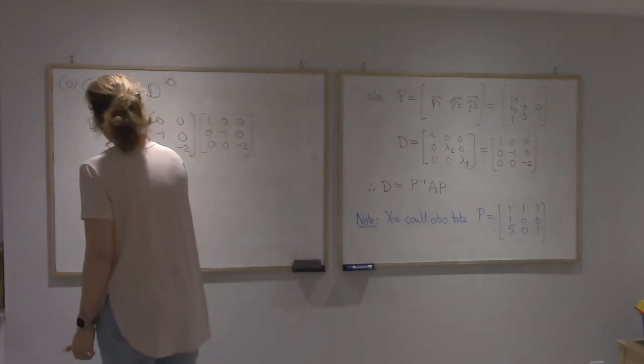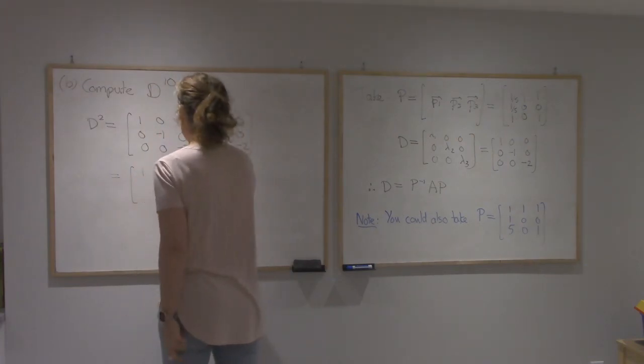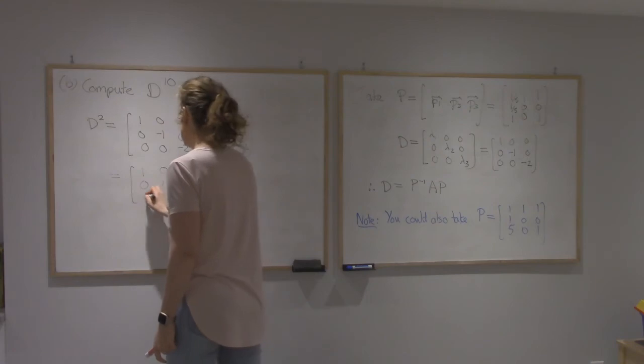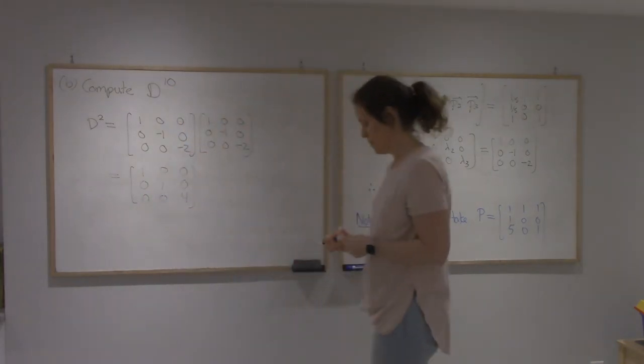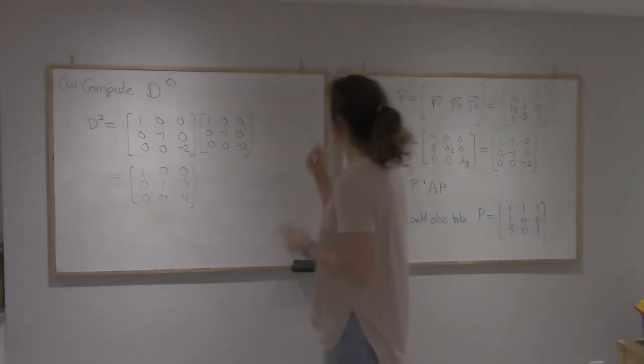And so I'll get 1, 0, 0. I'll get 0, 1, 0, 0, 0, 4. Let me write it here.